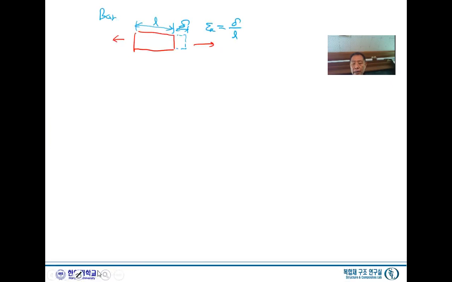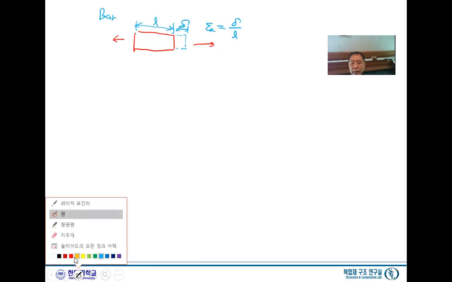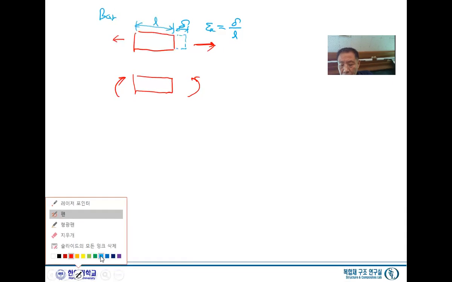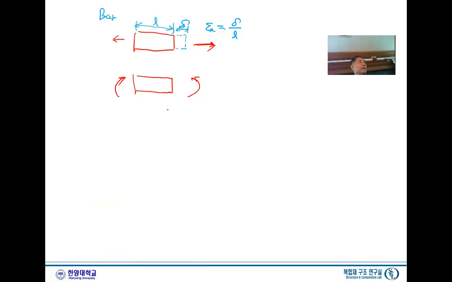Very simple. But how about the bending? Rather than this force, now we apply this moment. Now, how about the deformations? That is very important. Deformation-wise, in the bar the deformation is tension, and uniform.